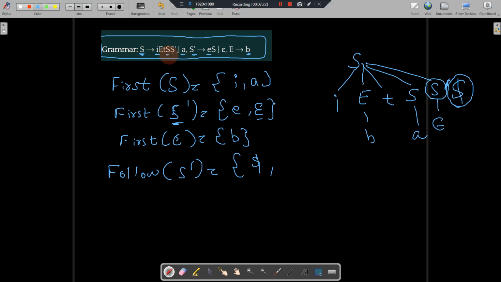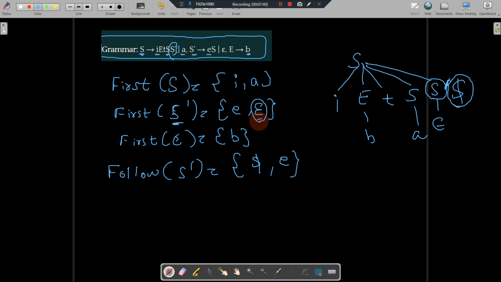And here follow of S is first of S dash. Okay. So first of S dash will be equal to E. We will add. Okay. So these two we are getting. I hope you have understood this part, as first of S dash can be epsilon or nothing as well.